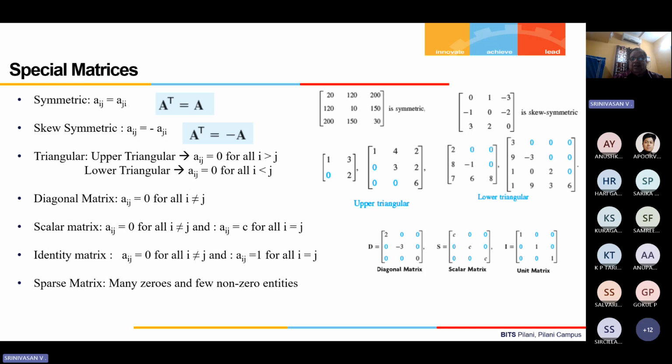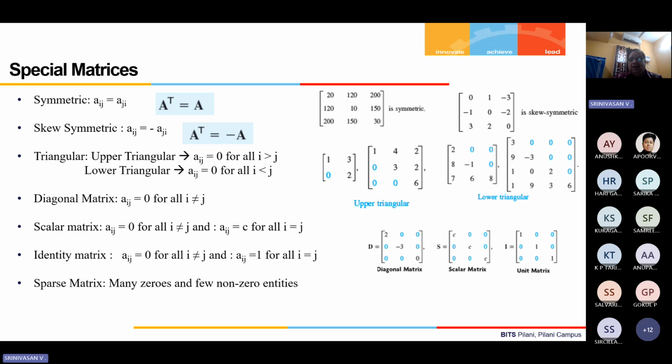For example, you just look at here. This is a 2 by 2 matrix, and this is the principal diagonal, isn't it? So here, this is A21, the second row, first column. I is greater than j, 2 is greater than 1, isn't it? Look at this 3 by 3, which you will quite often be using in practice.